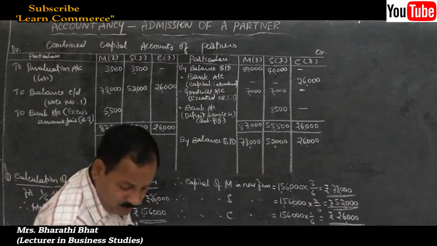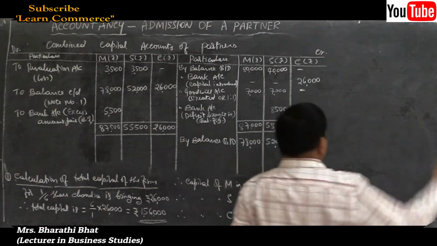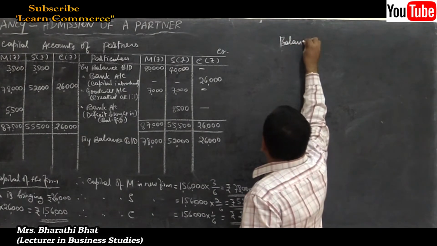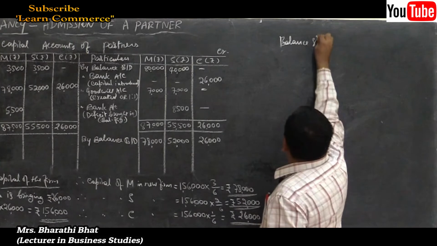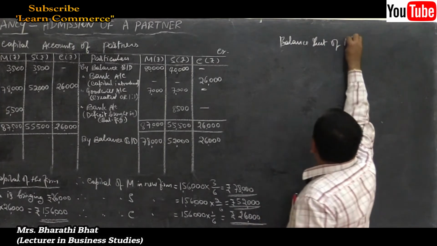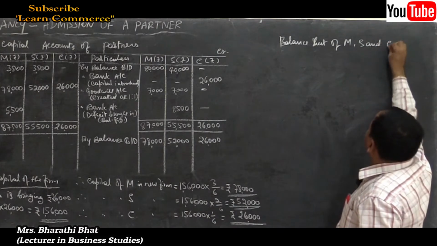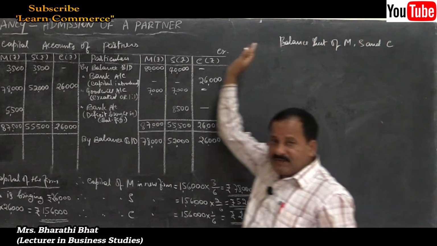Yes. Now, moving on to the last part, that is the balance sheet. Let us draft the balance sheet of Mahendra, Surendra and Chandra. I am writing in short form, but don't write in short form.